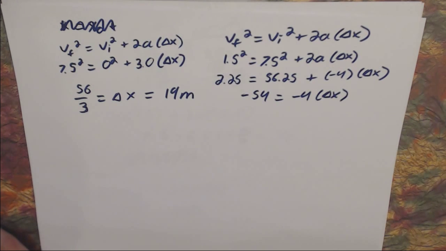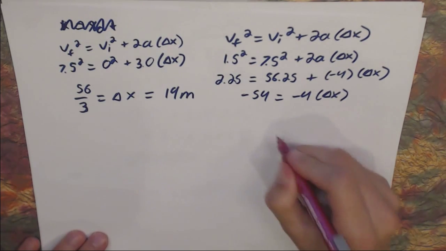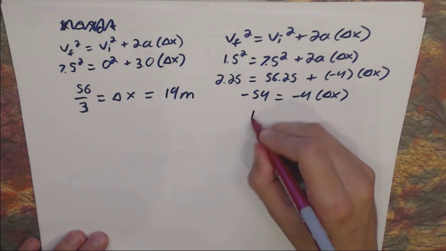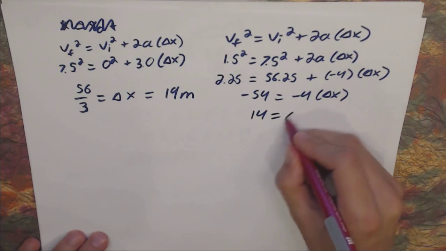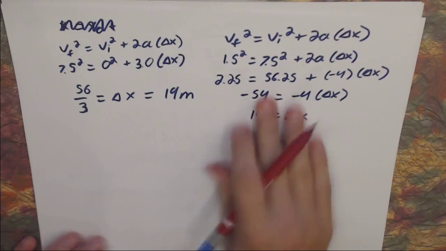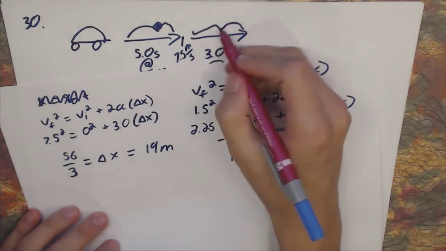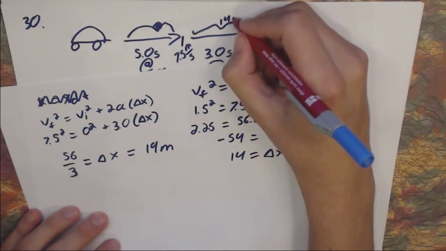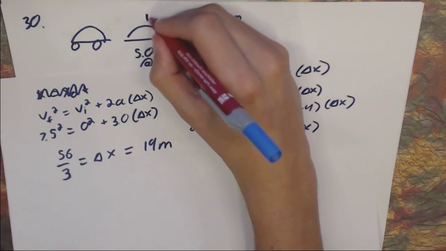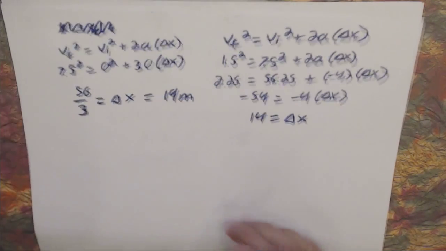And -54 over -4 is 14 equals delta x. So this is our change in position for this part of the problem. This is 14. And for this part of the problem, it's 19.